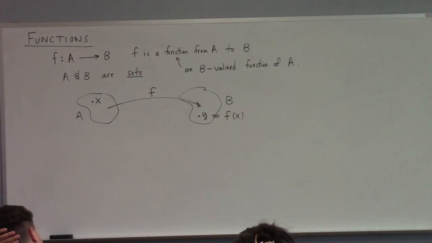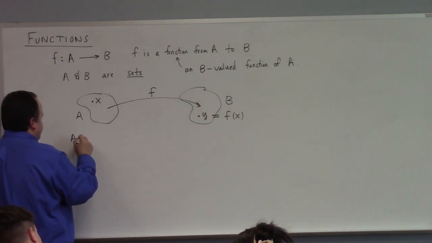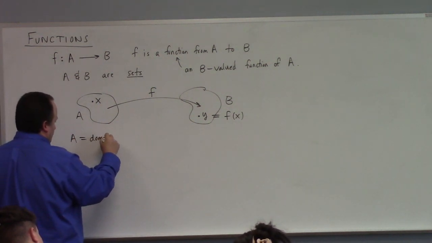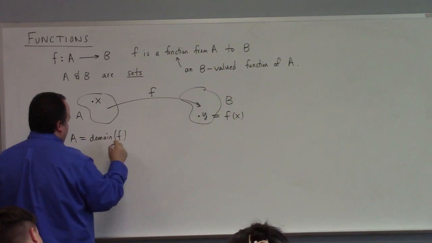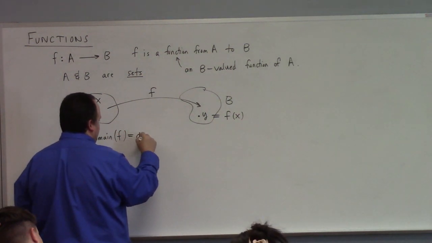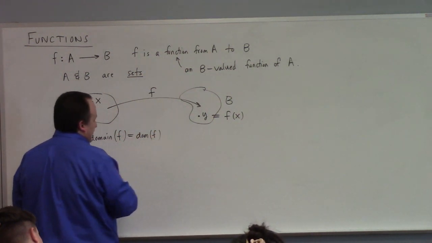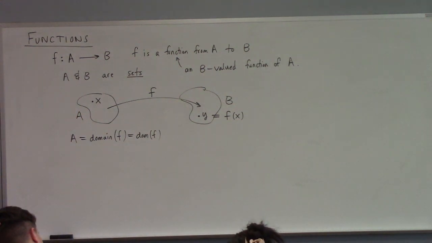So here's the main rule. If f is going to be a function, first of all, it has to make an assignment of where x goes for every element of a. So a is called the domain of f, or sometimes I'll just abbreviate that, domain of f, right?